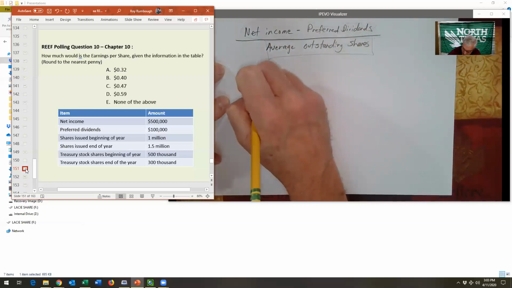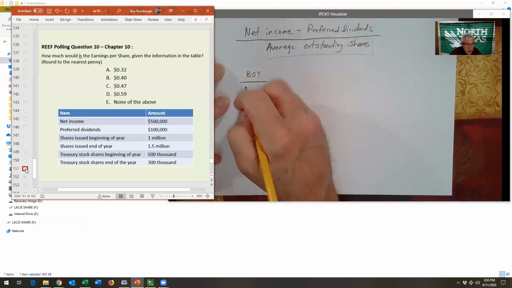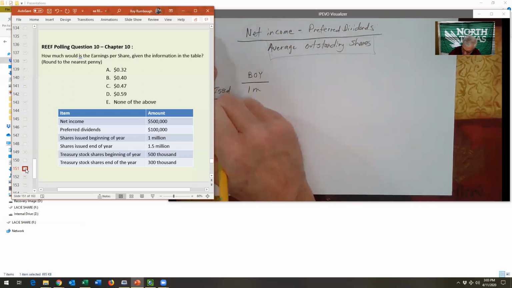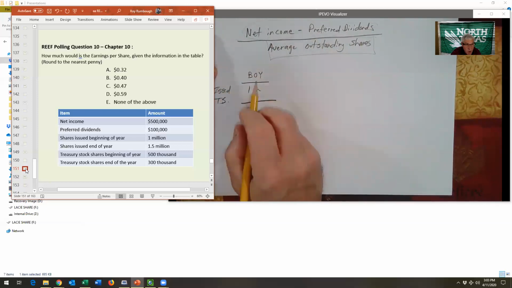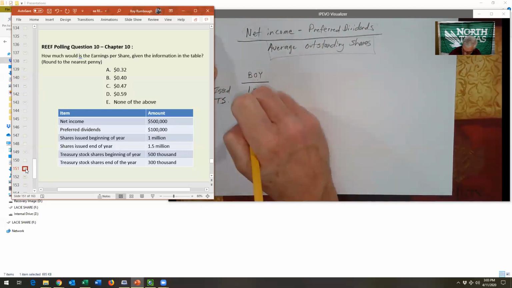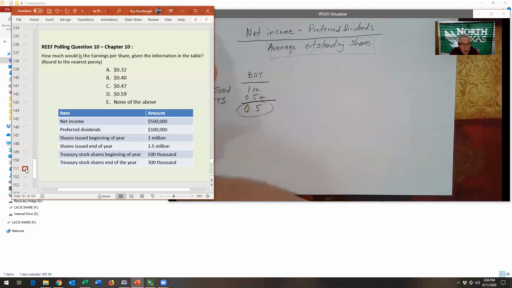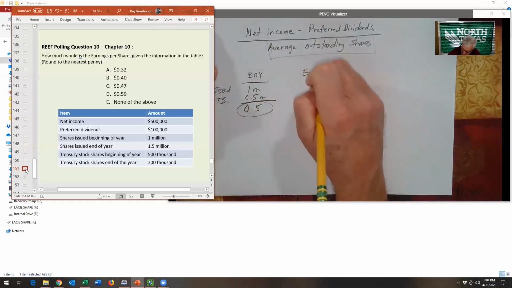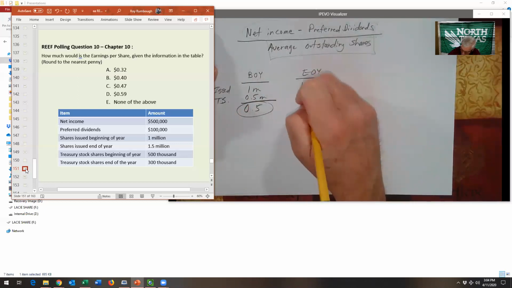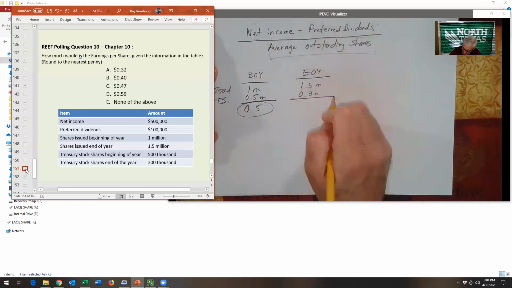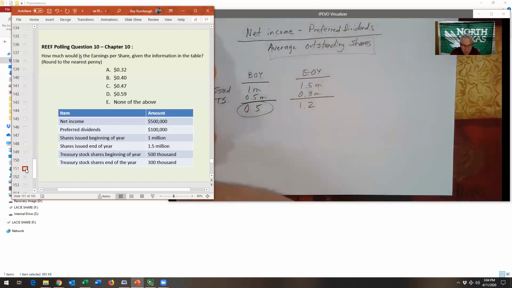So beginning of year, BOY, is 1,000,000 shares issued, and then treasury stock. And so let's see, beginning of the year was 1,000,000 and we had 500,000. So beginning of the year, we had outstanding shares of 500,000. At the end of the year, we had 1.5 million issued and only 300,000 treasury stock, outstanding 1,200,000.